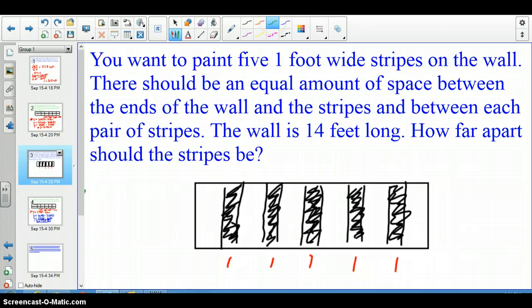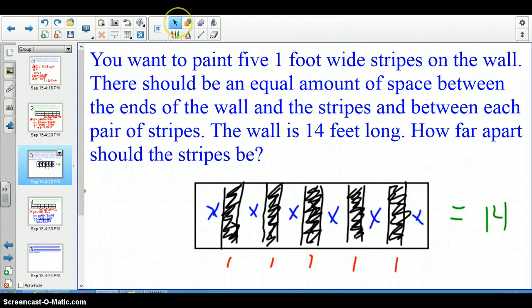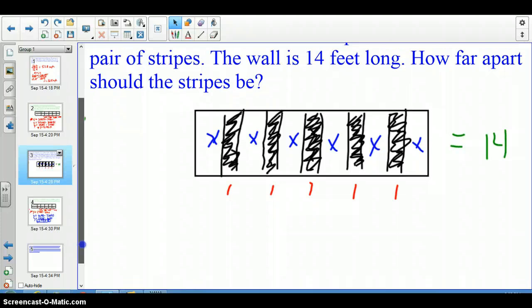The total length of the wall equals 14 feet. Now, the space in between the stripes in the wall, we do not know what those distances are. Those are unknowns. So I'm going to use a variable, x. And each one of these is the same distance. So I'm just going to put an x there because they're all equal.